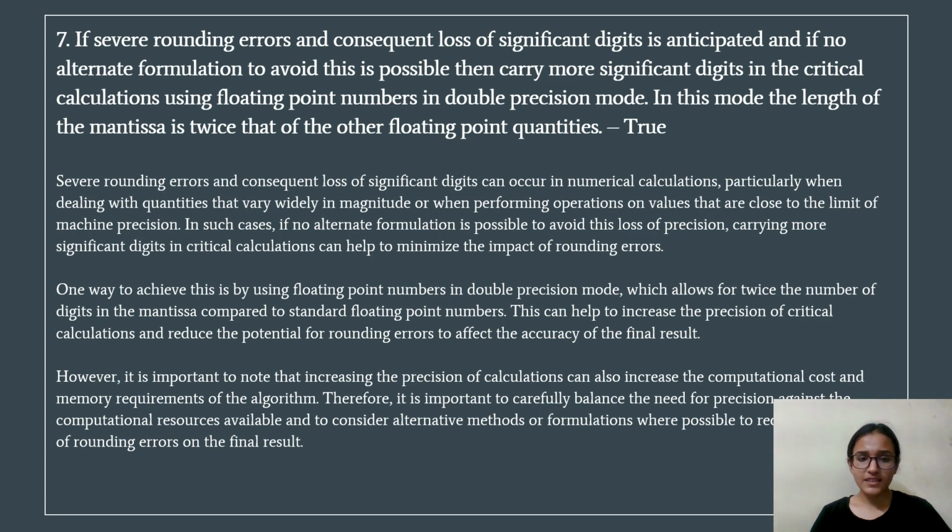One way to achieve this is by using floating point numbers in double precision mode, which allows for twice the number of digits in the mantissa as compared to standard floating point numbers. This can help to increase precision of critical calculations and reduce the potential for rounding errors that may affect the accuracy of the final results.